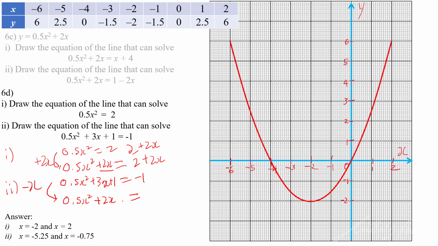From +1 to 0, I need to minus 1 because 1 minus 1 is equals to 0. So since over here I minus x minus 1, I must also do that. So negative x will still be negative x. -1 minus 1, I will get -2. So I'm supposed to plot this line, and you should get the answer. Alright, this will be all for this lesson.